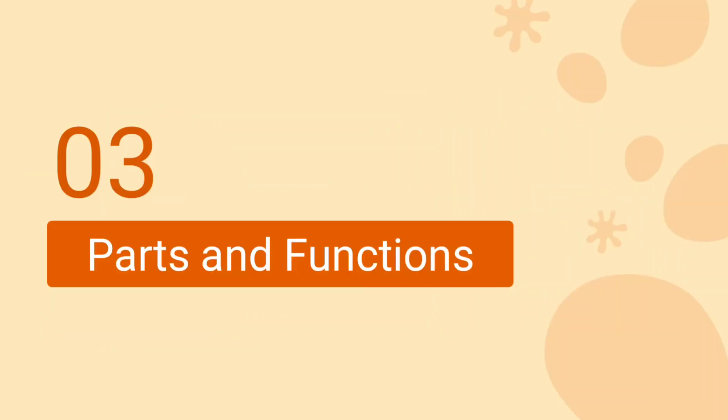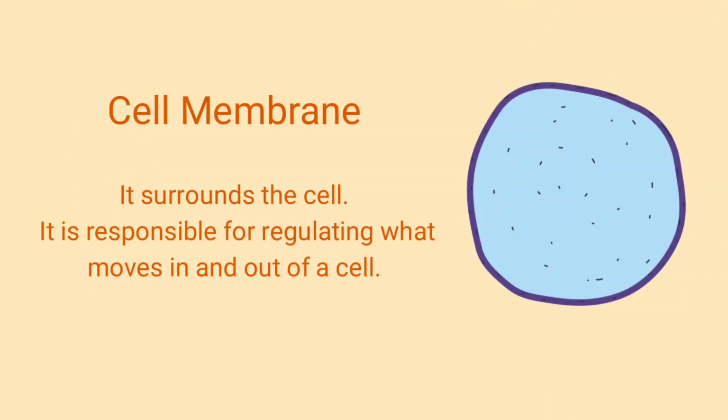Next, parts and functions of animal cells. So let's start with the cell membrane. The cell membrane is the outermost covering of the animal cell. It is selectively permeable, meaning it allows only things which are commanded by the nucleus, allowing some things to enter the cell or some things to get out of the cell.